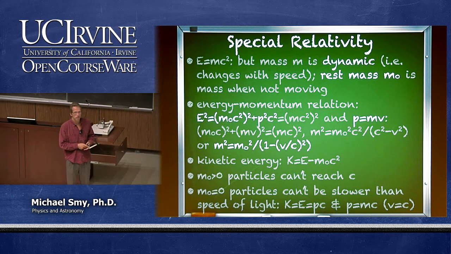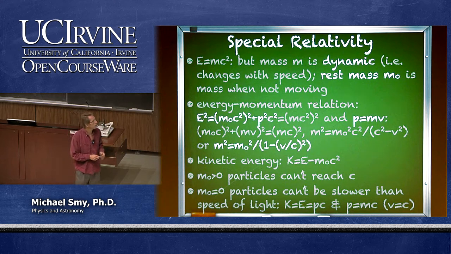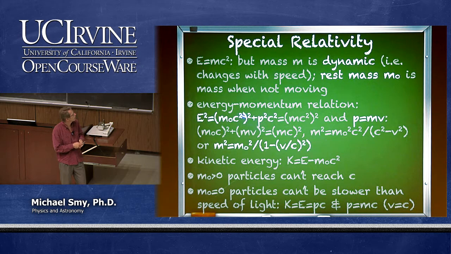The momentum is defined just as in classical mechanics, only that it's defined with the dynamic mass. So the momentum is the dynamic mass times the velocity. And if we plug that into this equation, then we get m0c squared plus mv squared, where I've divided out the speed of light squared here, equals mc and the whole thing squared.